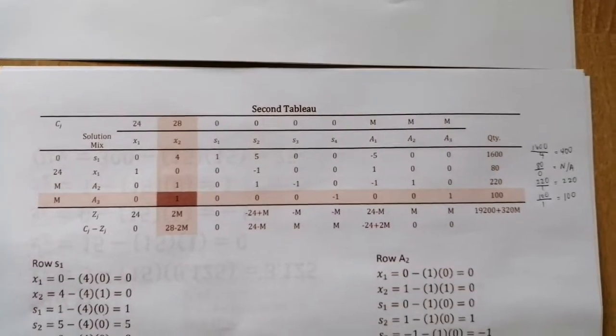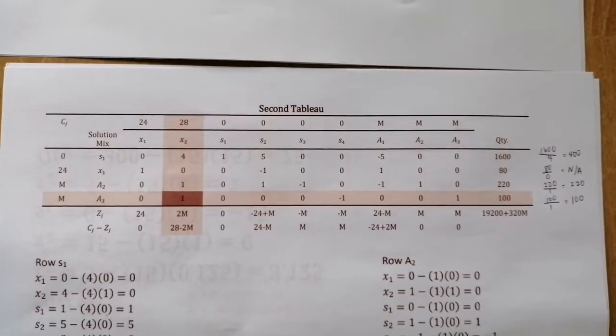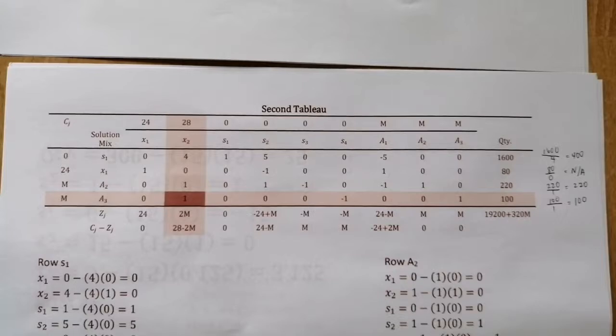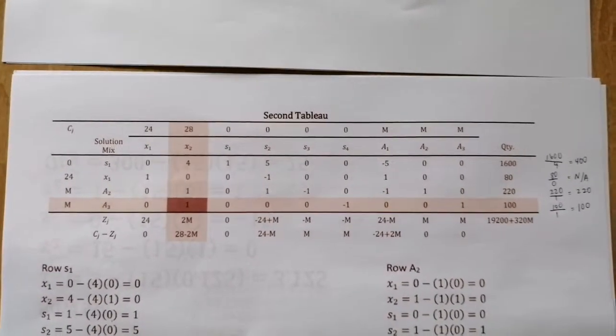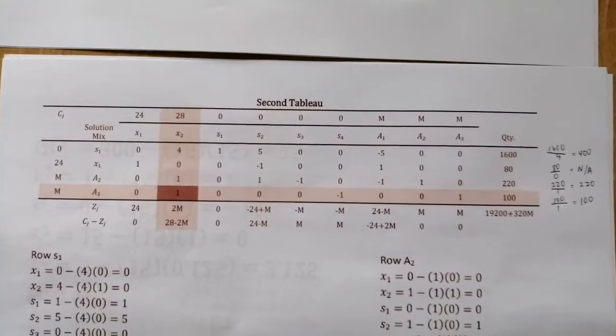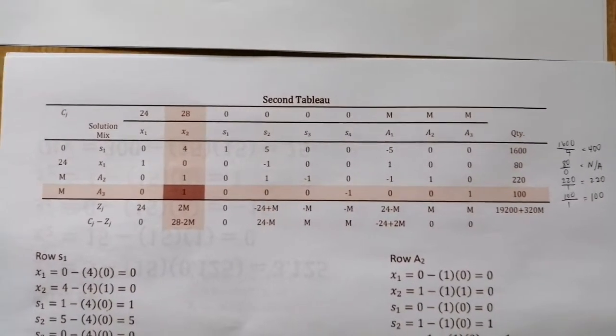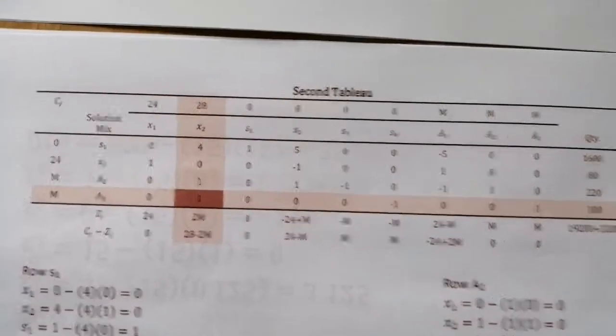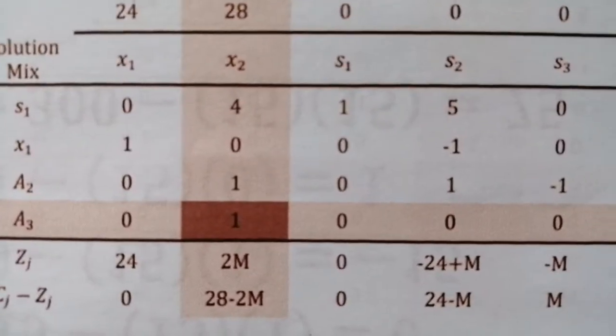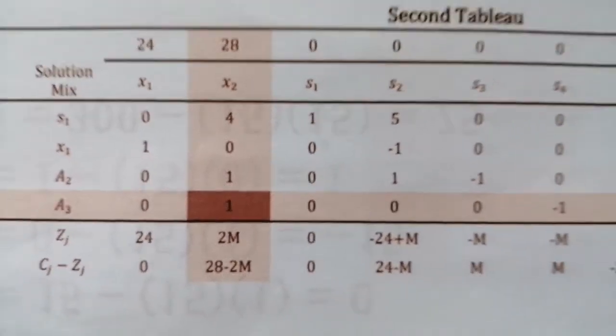So since 100 is the smallest value among the quantity values in the ratio test, we now find the pivot number, which is the intersection of pivot column and pivot row, which is 1.